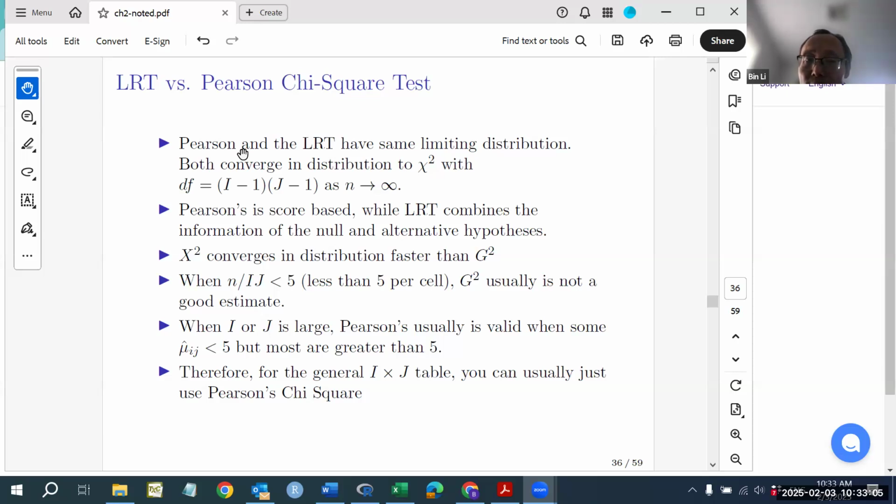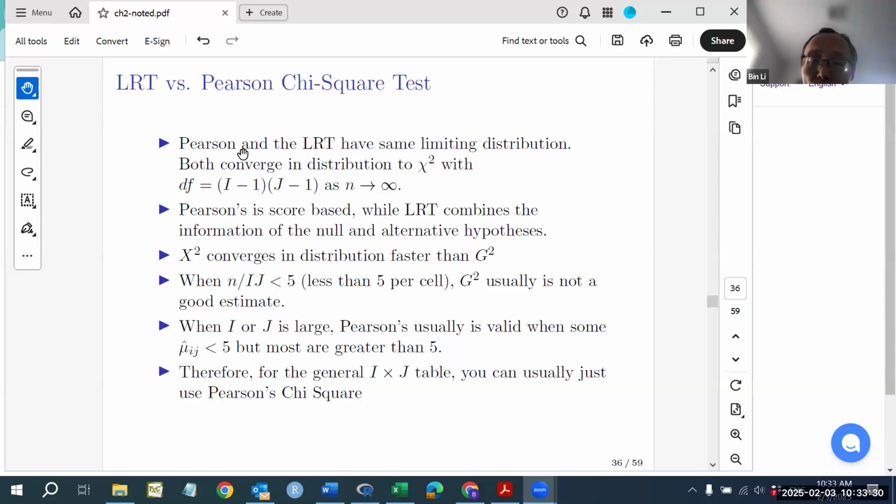When the sample size is large enough, they both converge to the chi-square distribution with (I minus 1) times (J minus 1) degrees of freedom, where I is the number of rows and J is the number of columns. So for large sample size, they're equivalent.